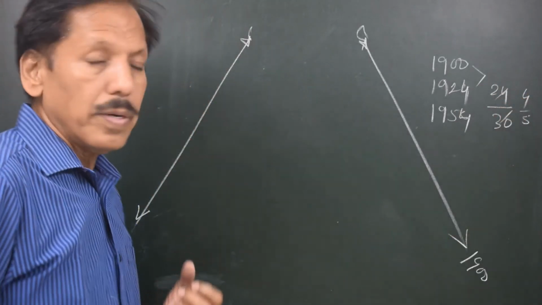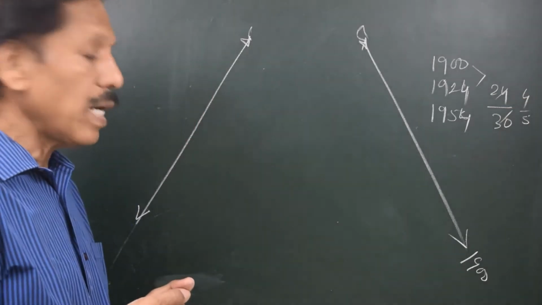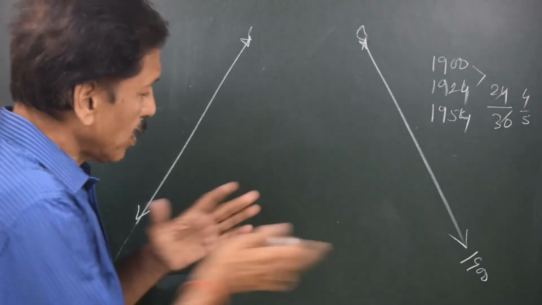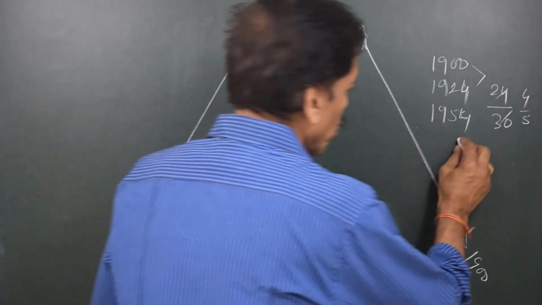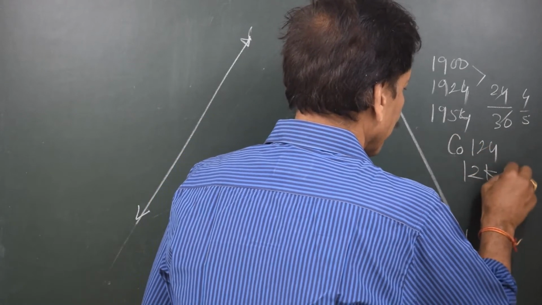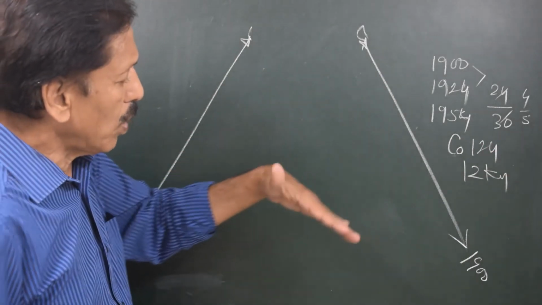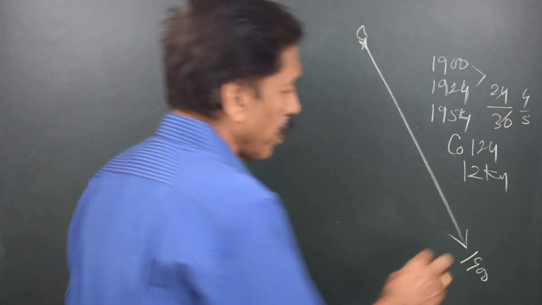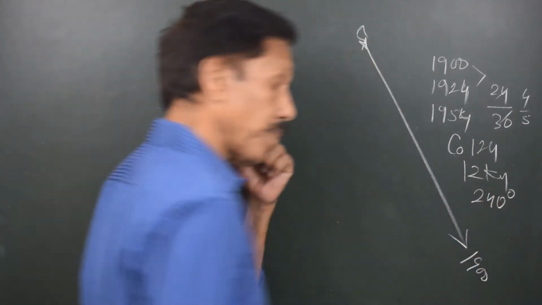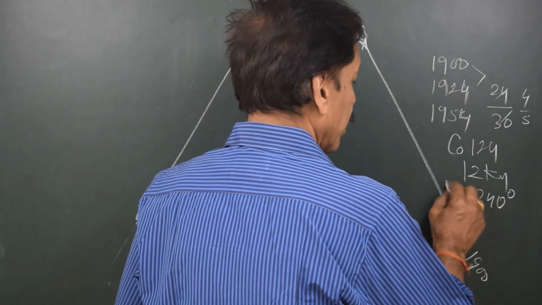Now the current is against. Current is against because let's say that the ship's course is something like 124 at 12 knots, and as we go on 124, there is a current that is against, that is 240. 240 degrees is the direction of current.